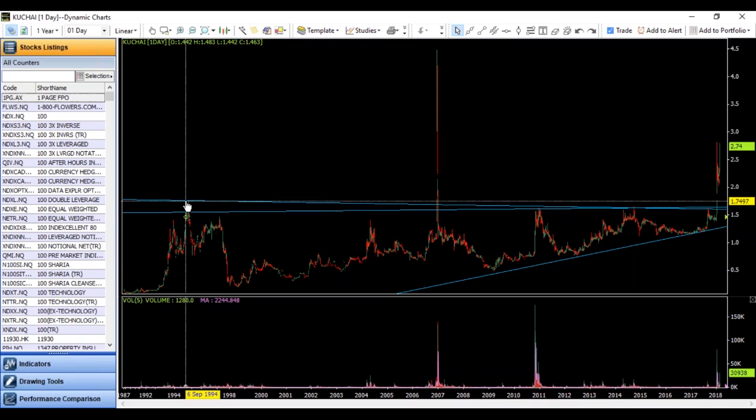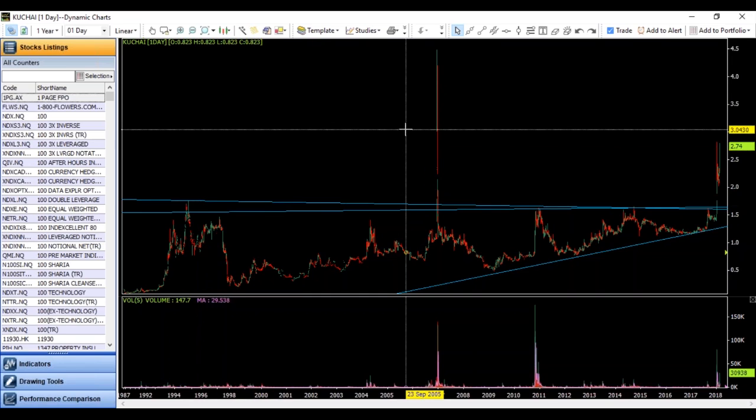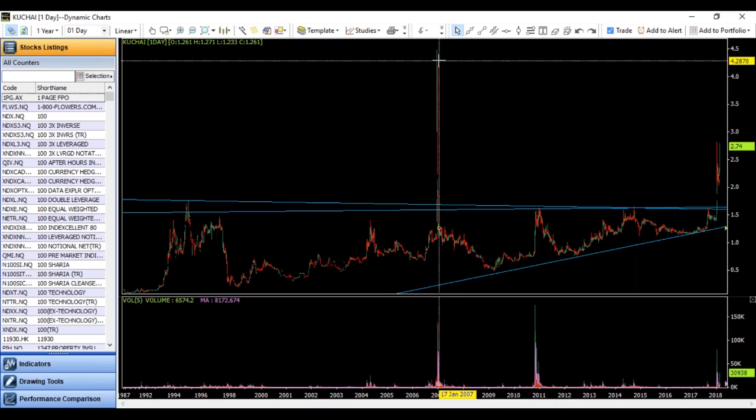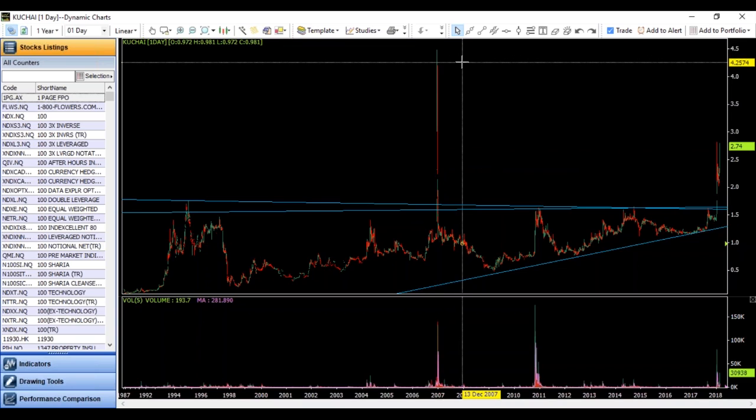Now, any pullback into this stock should be bought because the targets are quite high, and there has been a sideways consolidation from 1996 to 2016. Look at the breakout. Is it still fresh? Why? Because the consolidation has been of more than 20 years, and the breakout happened just a few days back. So overall, I think the target for this stock is way higher.